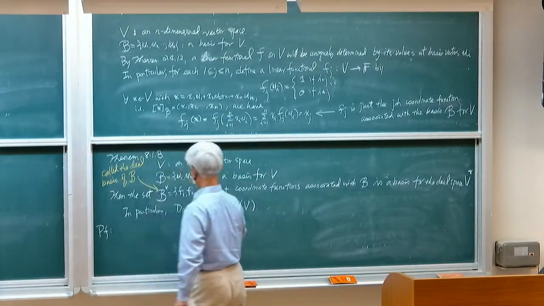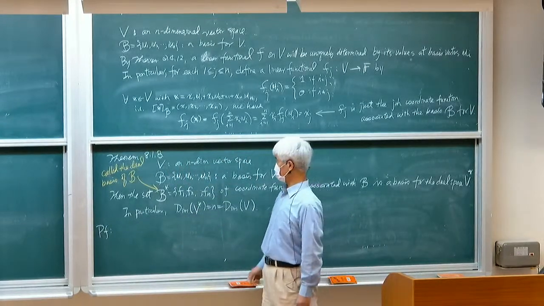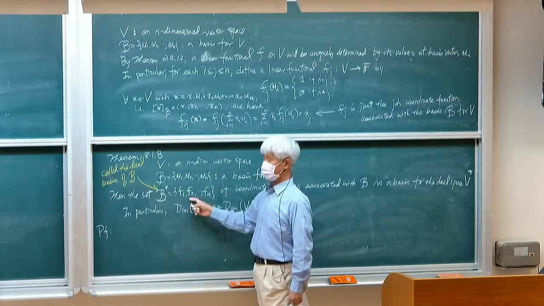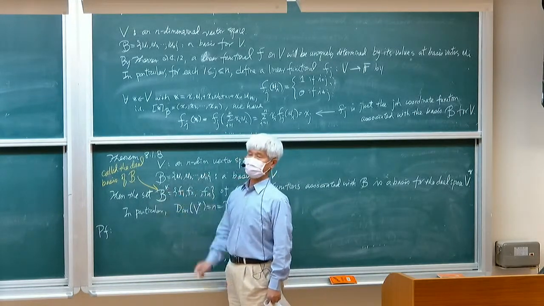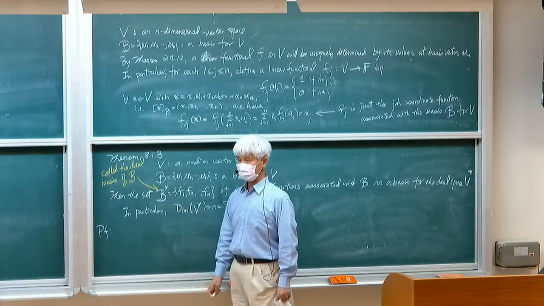To show this is a basis, we have to check two things. First of all, we have to check that the dual space V star is spanned by B star. And second, we have to show that B star is linearly independent.